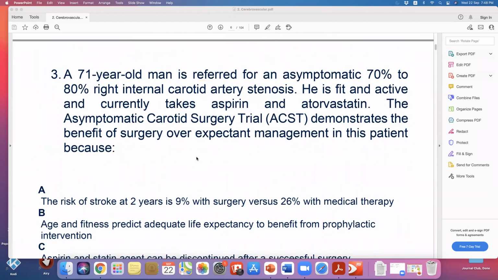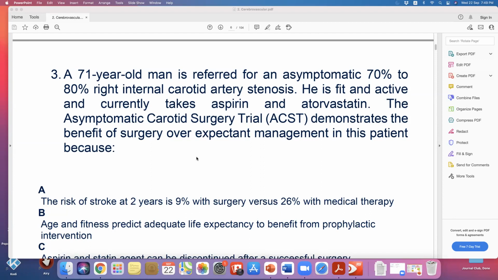He's a 71-year-old man referred for an asymptomatic 70 to 80% right internal carotid artery stenosis. He is fit and active and currently takes aspirin and atorvastatin.